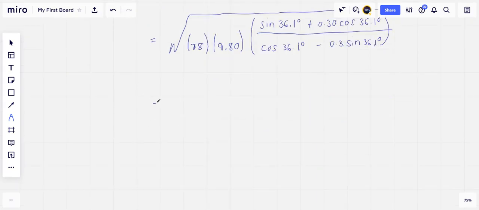And so calculating, we get the maximum speed to be 31.73 meters per second, which is approximately 32 meters per second. And so this is 110 kilometers per hour.